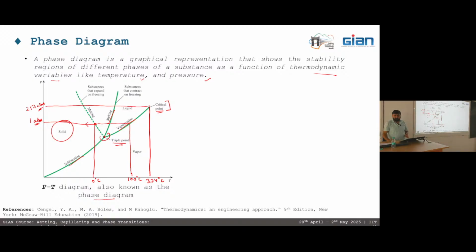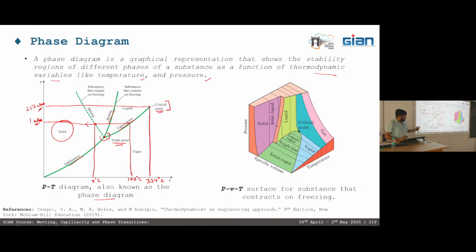So this is all about the phase diagram. I'll also briefly talk about the PVT surface here, because in the later stages of the lecture we'll discuss more using the PV diagrams. The PVT surface gives us the exact thermodynamic description of a system: for what pressure, for what temperature, what is the specific volume that is required when we talk about phase change.